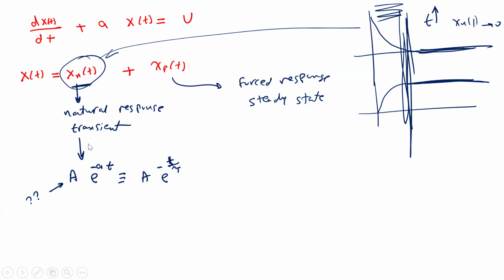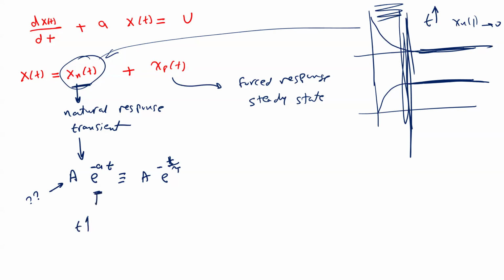So can anyone think a little bit? Tell me why this part here is transient. Why is it going to disappear over time? Look at e, this e.